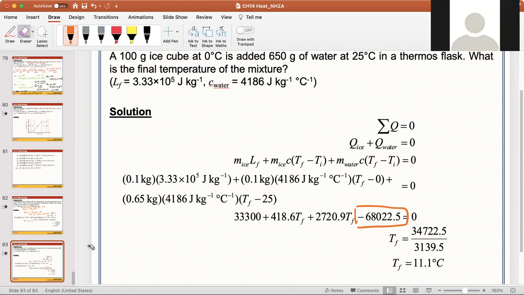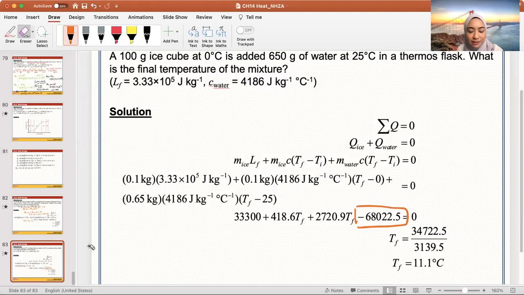Insyaallah, okay. For your information, there is a message circulating, I don't know if you got it, that says the quiz is on Friday.